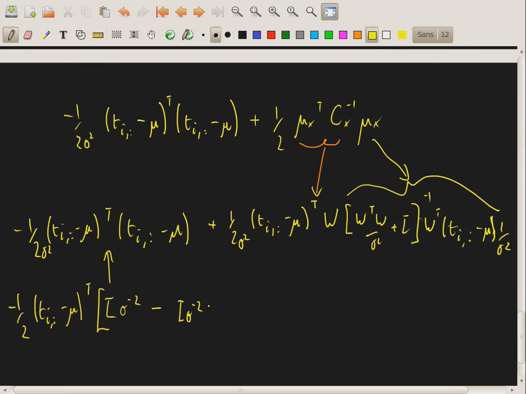times W times W transpose W, or let's write W I sigma to the minus 2 W plus I W transpose I sigma to the minus 2.